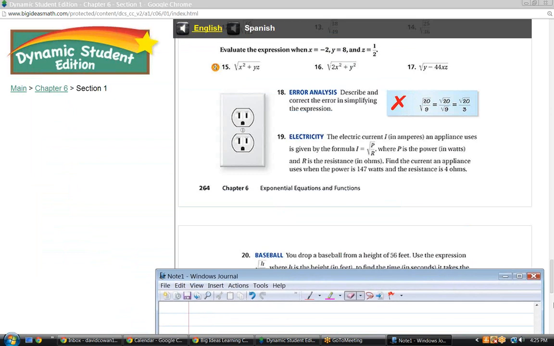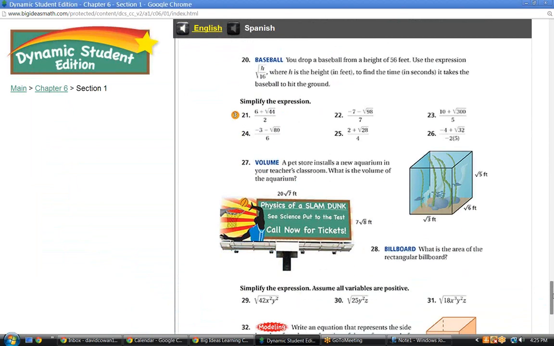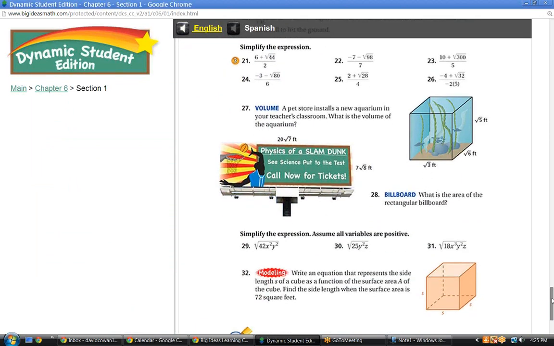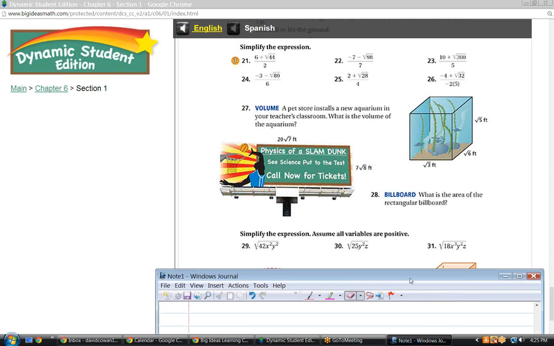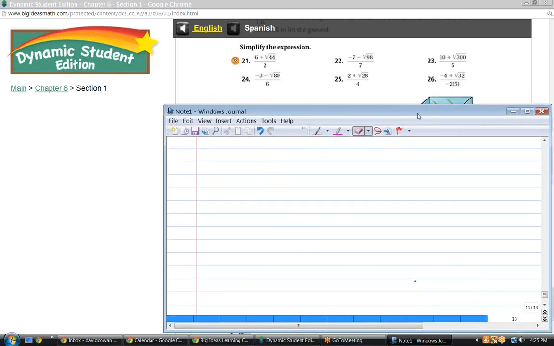Okay. Let's see what else we got here. Simplify the expression.